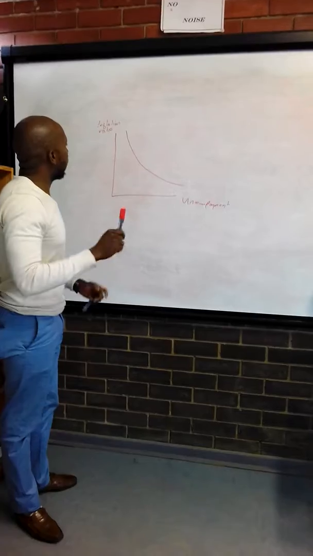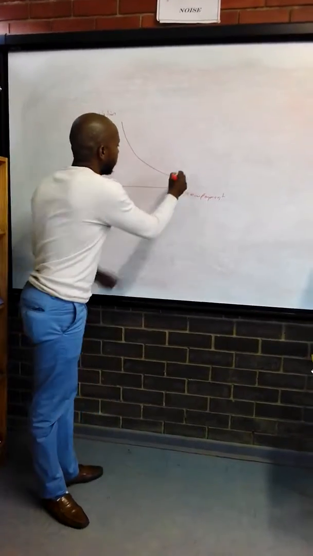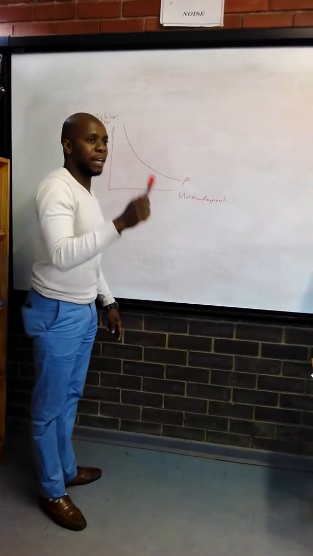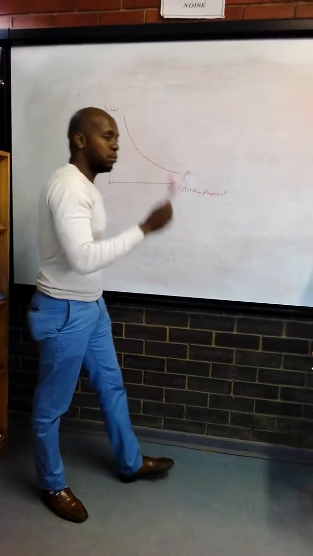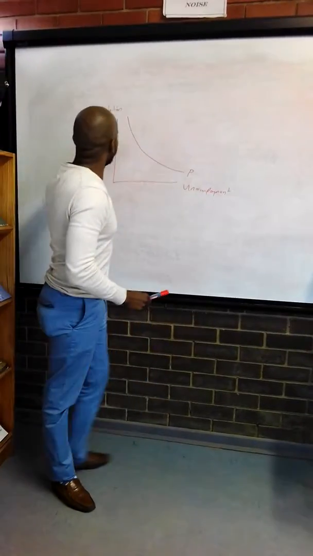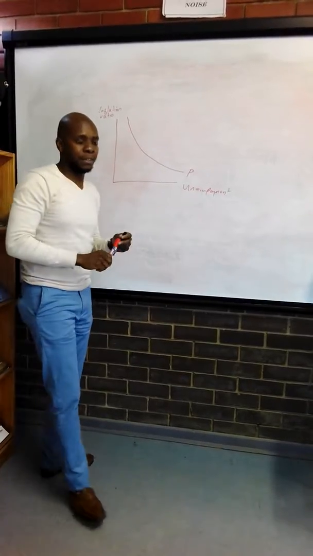So, what does the guy say? The guy by the name Philip says there is a negative relationship between the inflation rate and the unemployment rate.